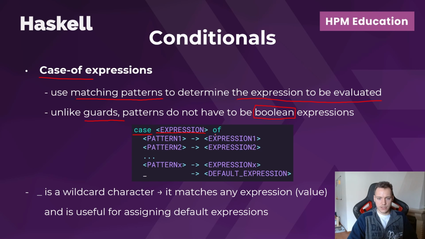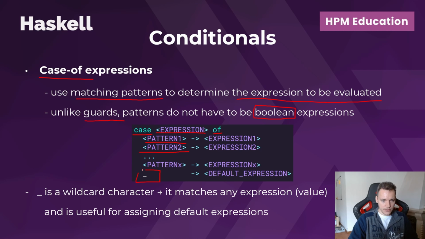So we have case expression of, and then our list of patterns. So we can have pattern 1, pattern 2, each tied to an expression to be evaluated. The same as with multi-way if, these are evaluated from top to bottom, and the expression associated with the first pattern that matches will be evaluated further.